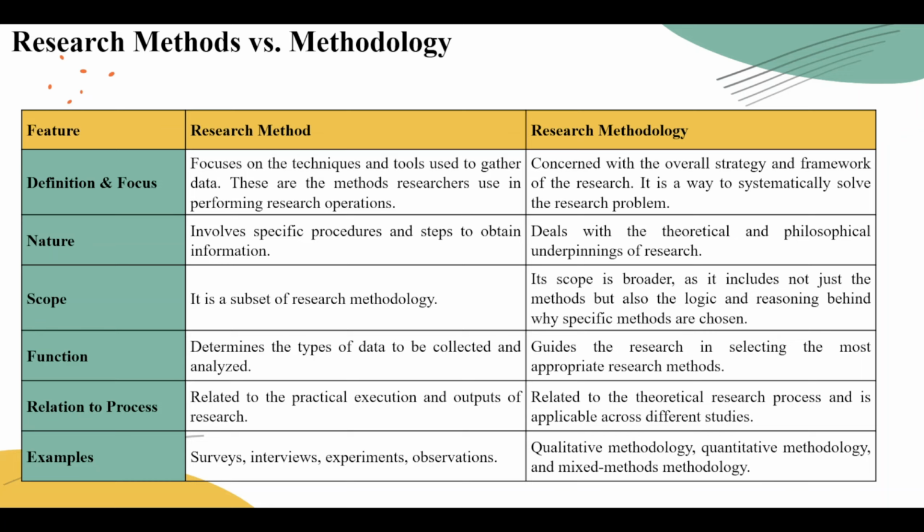In relation to the overall process, methods are tied entirely to practical executions and immediate outputs. Methodology, however, relates to the broader theoretical research process and is a concept applicable across many different types of studies.